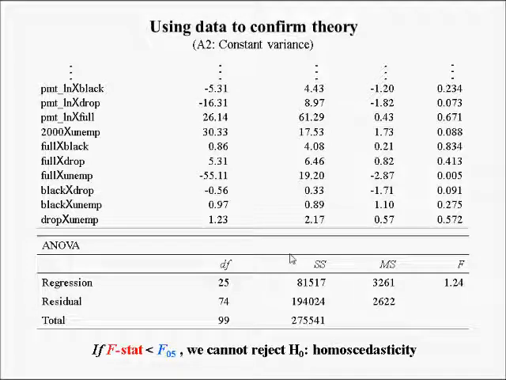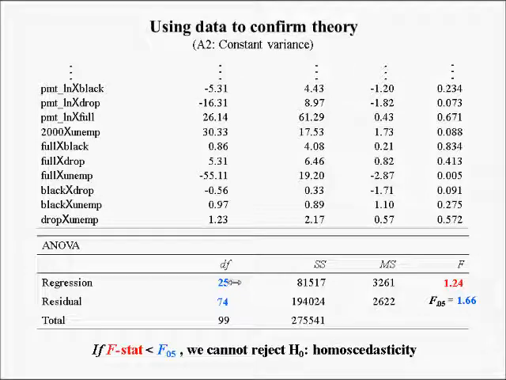Now this is the ANOVA table from this regression. If the f-stat, in this case 1.24, is smaller than the critical value, say we're using a 5% level of significance, we cannot reject the null hypothesis of homoskedasticity. Now the way you get the critical value is you first have to pick a significance level. We picked 0.05, and then you have to find it in the table.